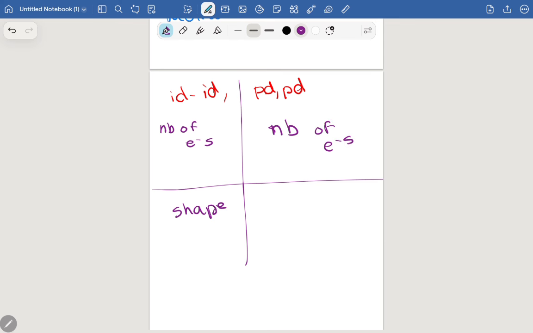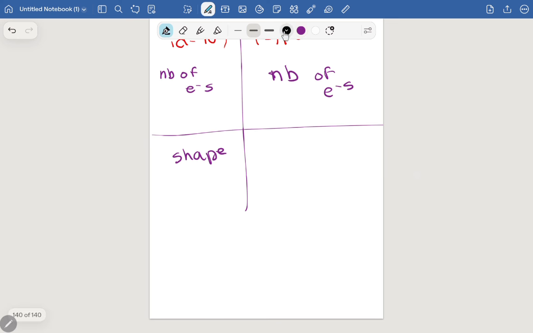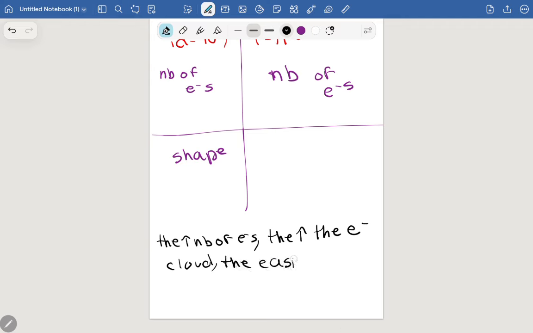Now let's take a deeper look at the electrons. The more electrons we have, so the greater the number of electrons, the larger the electron cloud. The larger the electron cloud, this means the easier it is to distort, or polarize. Polarization and distort are the same thing.